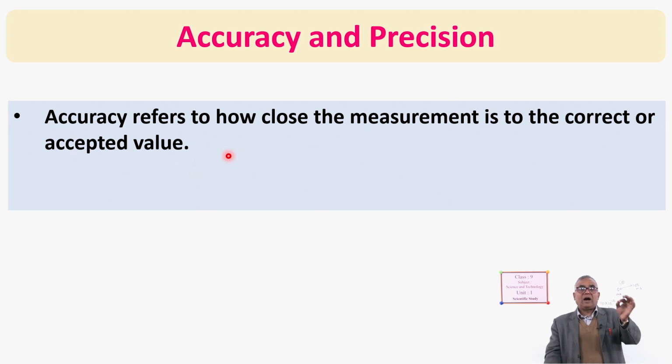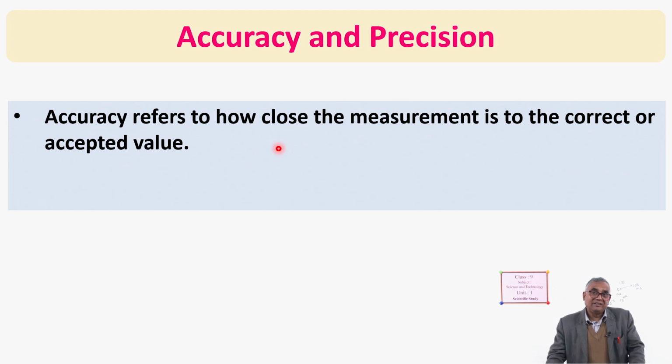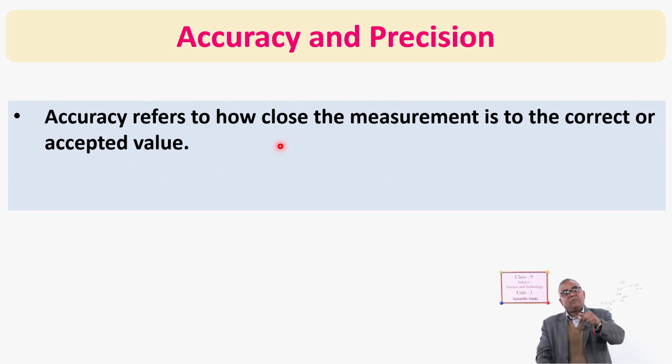Means 1 minute equals 60 seconds. If your measurement gets 62 seconds, 62 seconds, 62 seconds several times, then that will be precise but not accurate. Accuracy means near, close to the correct value. That will be a precise measurement but not accurate.